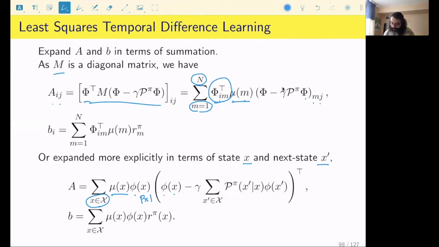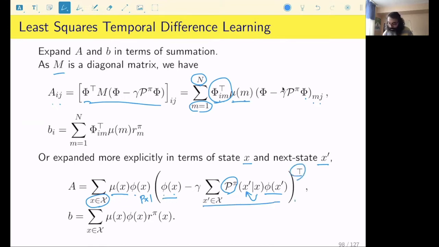Starting from x, we go to the next state according to distribution P pi, and then compute phi of x prime. That would be the expected value of phi at next states, starting from state x. We compute the difference of phi of x minus this value, and the whole thing is transposed.